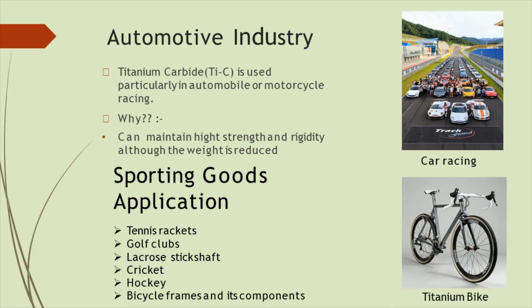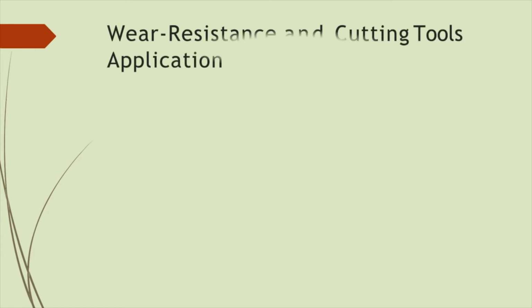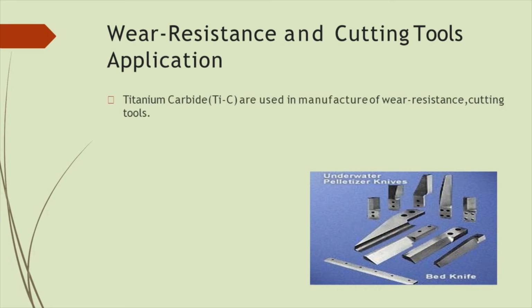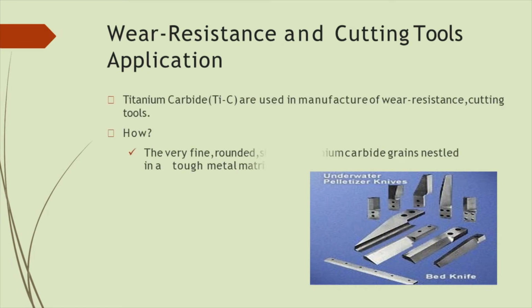Moreover, titanium carbide is used in the manufacture of wear-resistant tools and cutting tools. Cutting demands a sharp, keen edge for blanking punches, shear knives, rotating slitters, and bed knives. The very fine, rounded, slippery titanium carbide grains nestle in a tough metal matrix to resist dulling and chipping.